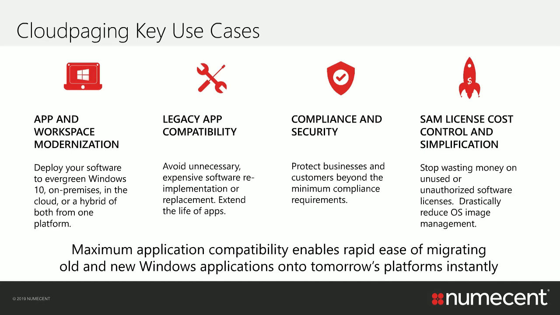Windows 10 is great, but there are still versions that come out every 6 months, and it continues to change. Having the ability to keep your applications and not have to fight through app compatibility issues is one of the strong points for cloud paging and Numecent.